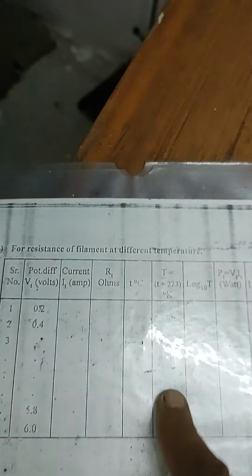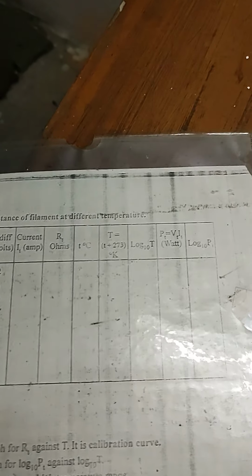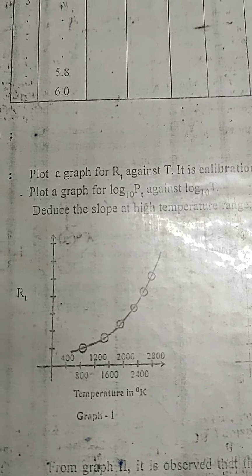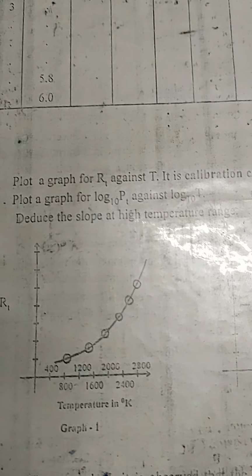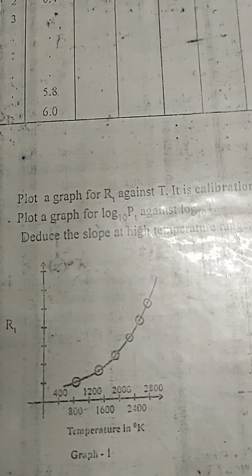Then we will find out the absolute temperature, the log of that, and then the power of the filament, that will be Vt multiplied by It, and log of power. So this is how the table will be, and after doing all these calculations you have to draw the graph. That graph is RT on y-axis and temperature in Kelvin on x-axis, and that is a curve.